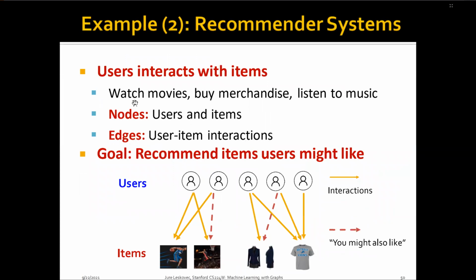The interaction includes whether you watched it or not, whether you liked it, or whether you purchased it. The goal is to recommend items to the users that they may like, so it's predicting these missing links between the users and the items.